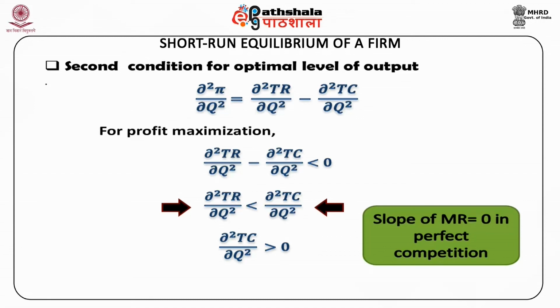That is, marginal cost must be rising, or the marginal cost curve must have a positive slope. Thus, at the point of equilibrium, the following conditions must be satisfied: marginal cost equals marginal revenue, and marginal cost must be rising at the point of equilibrium.